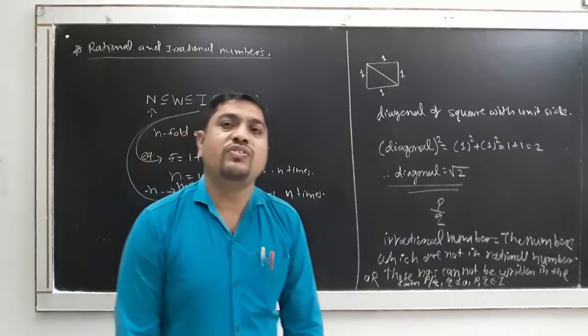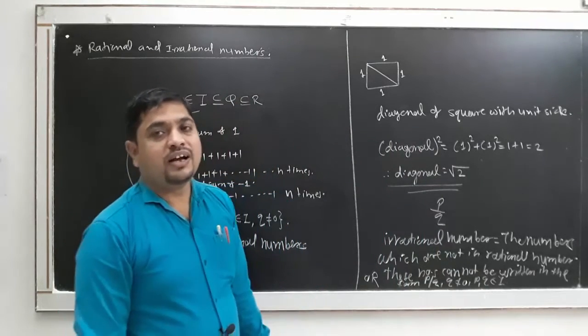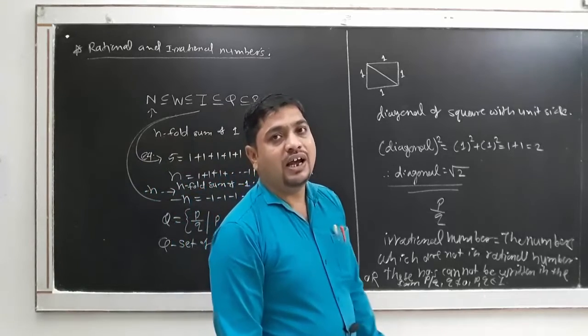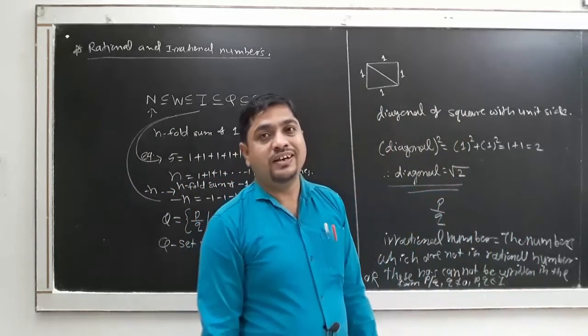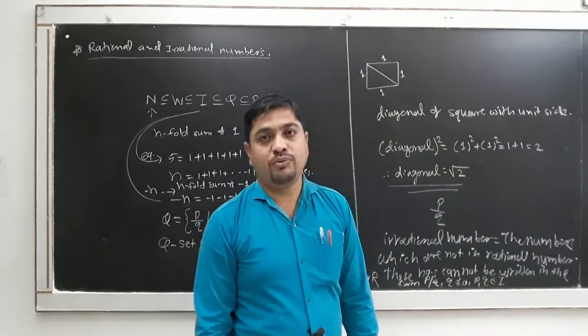That means the numbers which are not rational are called irrational numbers, and they cannot be written in the form of a ratio of integers with non-zero denominator.